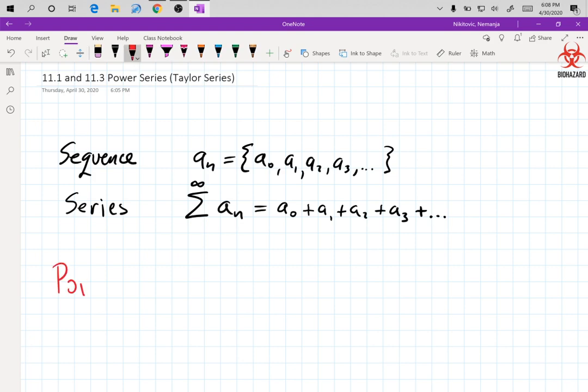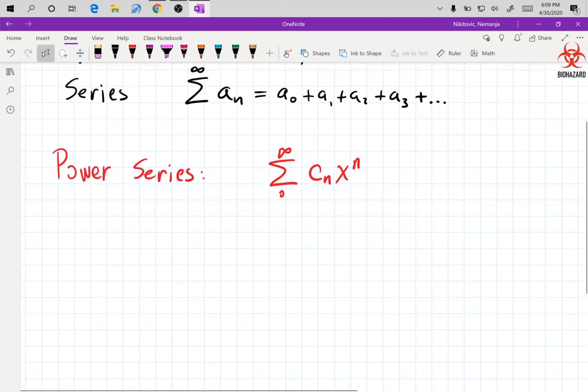So the goal today is to learn about power series, which look like this. We don't have to give it a name. Let's just say it is the series that goes from 0 to infinity of c_n x to the n.